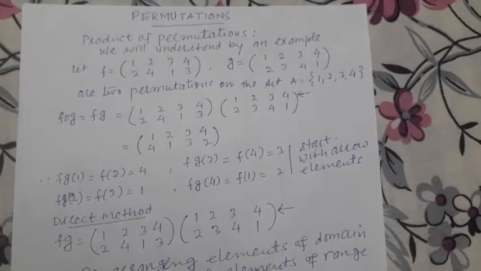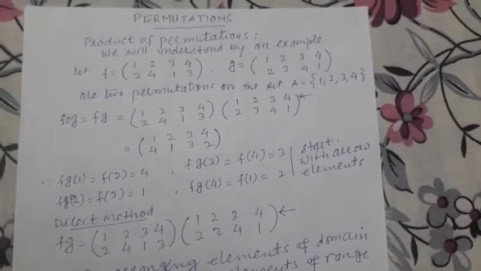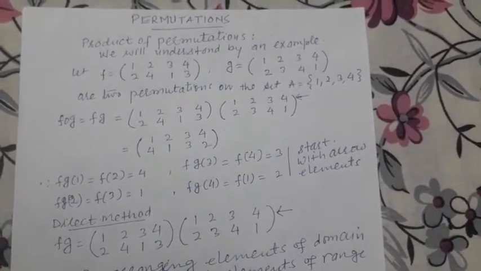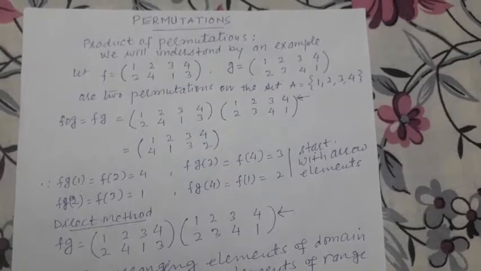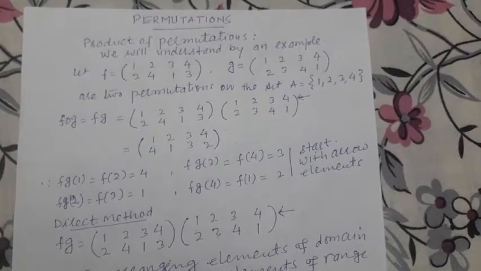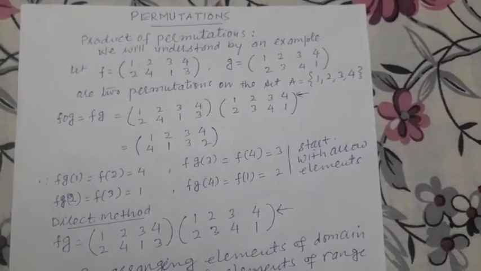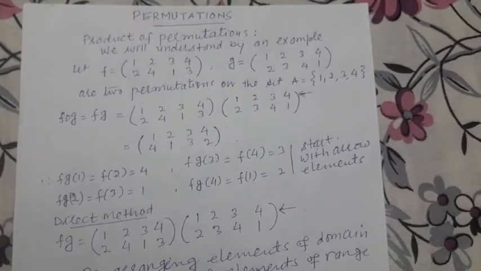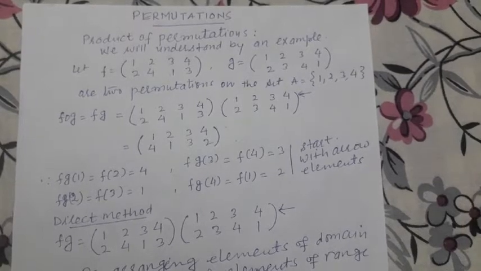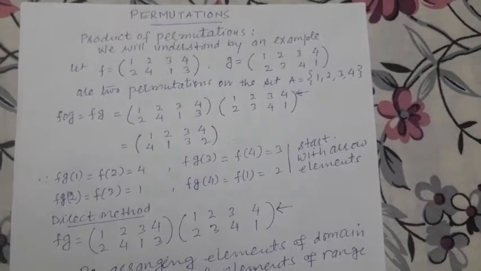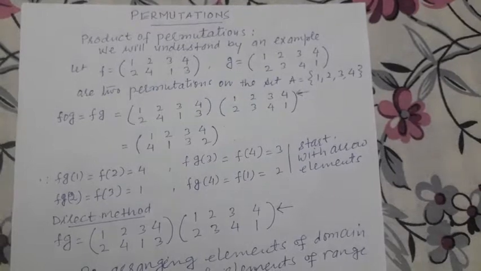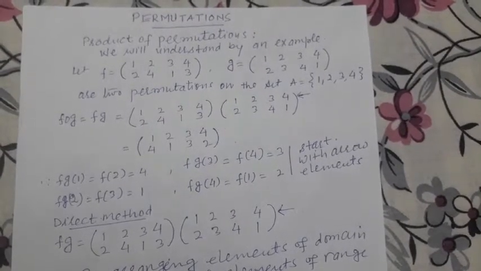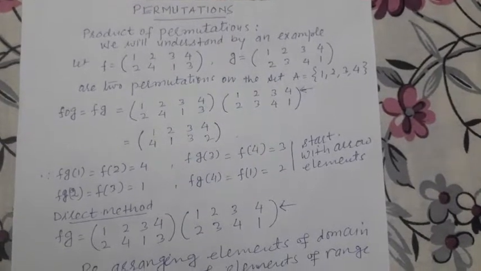Similarly, for fg of 2, f of g of 2: g of 2 means 3, then f of 3 means 1. So image of 2 is equal to 1, and so on.